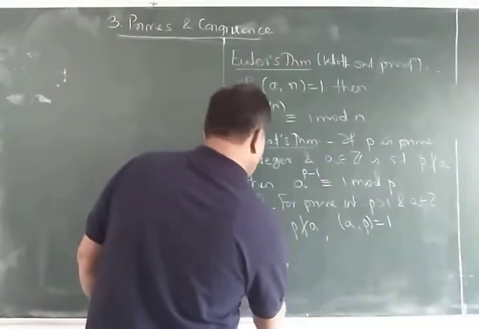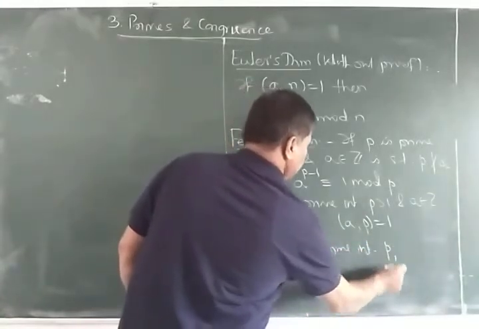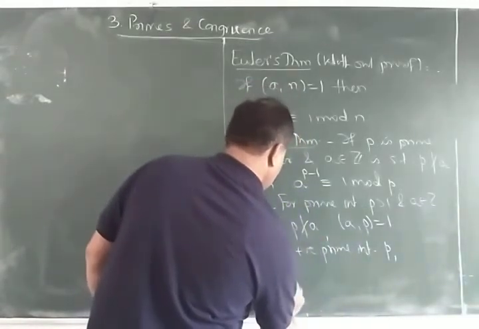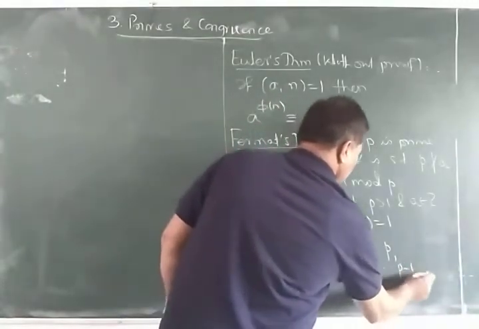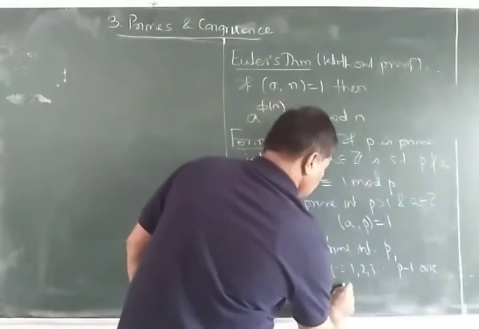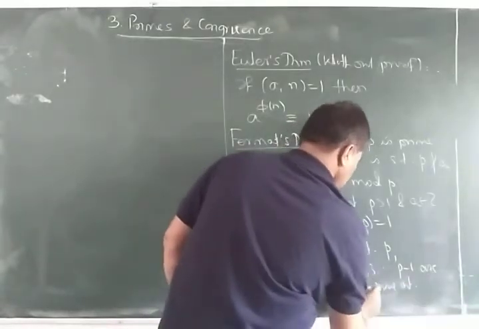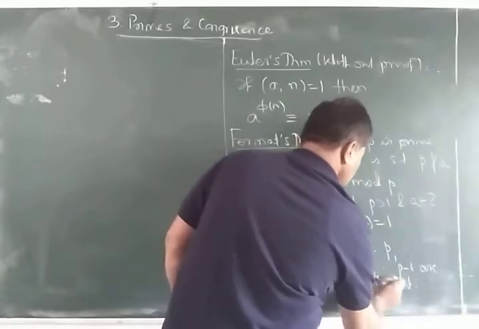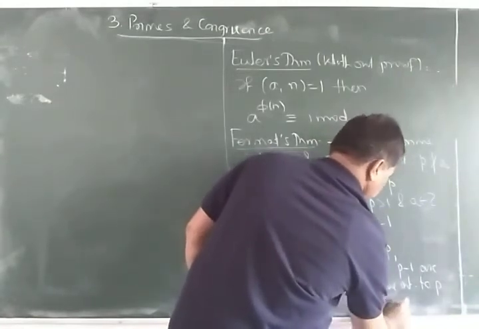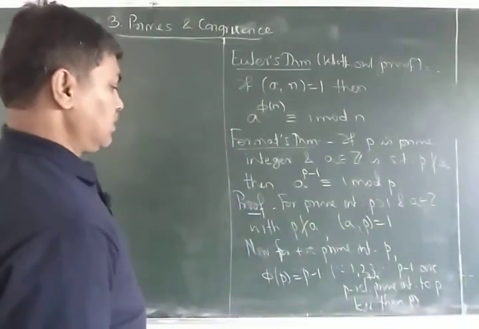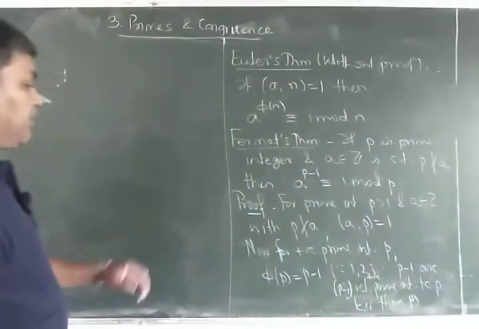Now, for a positive prime integer p, phi of p is p minus 1, since 1, 2, 3 up to p minus 1 are the positive integers relatively prime to p and less than p. Phi of p is p minus 1.